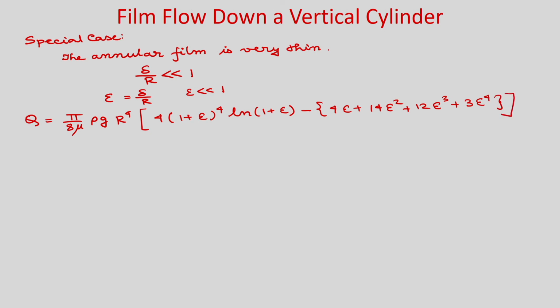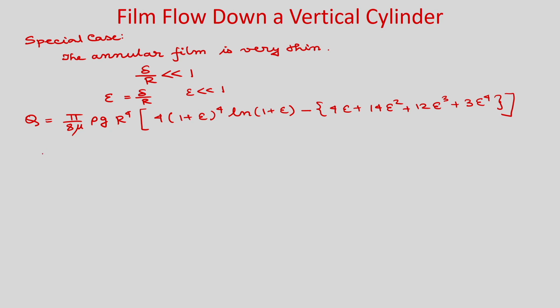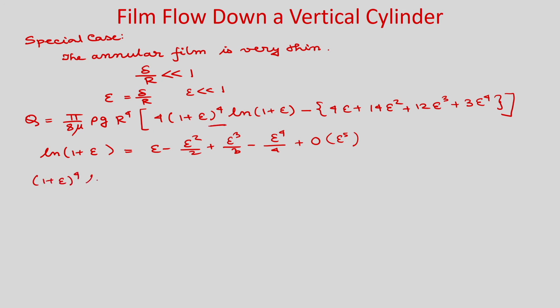Okay. So, now let us expand this ln(1 + epsilon), using Taylor series. So, ln(1 + epsilon), if you expand into Taylor series, you are going to get epsilon minus epsilon^2 by 2 plus epsilon^3 by 3 minus epsilon^4 by 4 plus order of epsilon^5. So, we can write now (1 + epsilon)^4, this term, times ln(1 + epsilon).